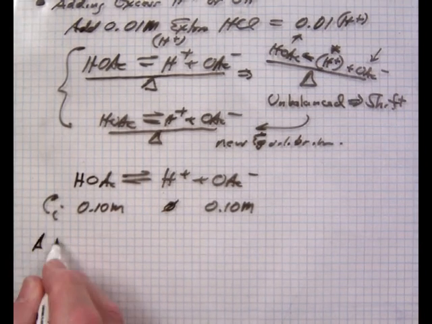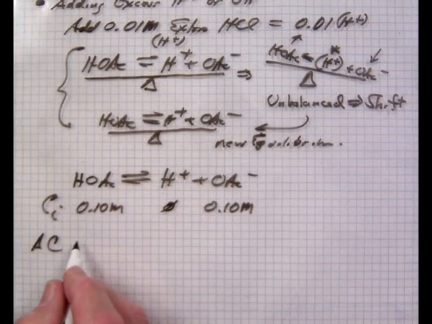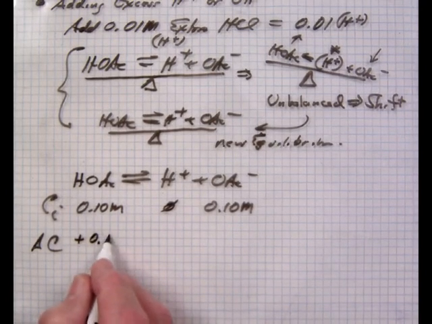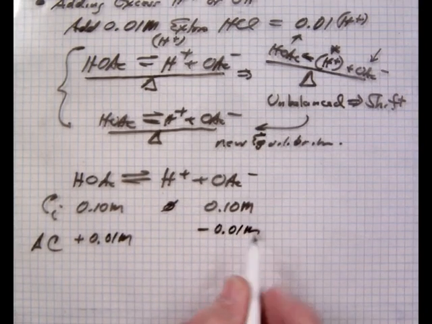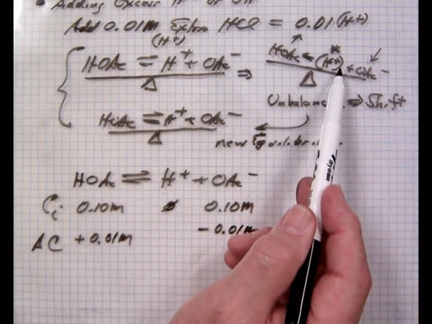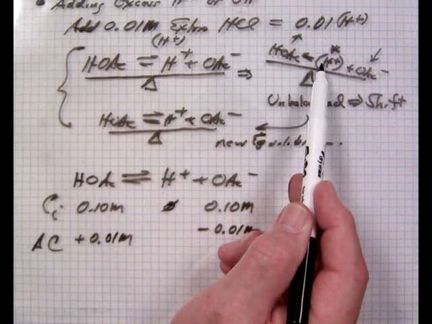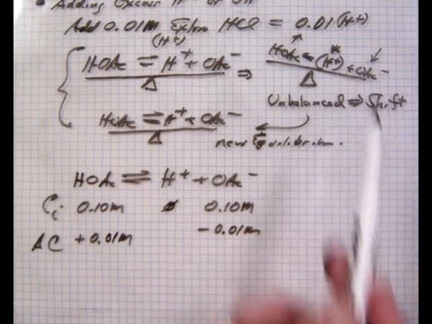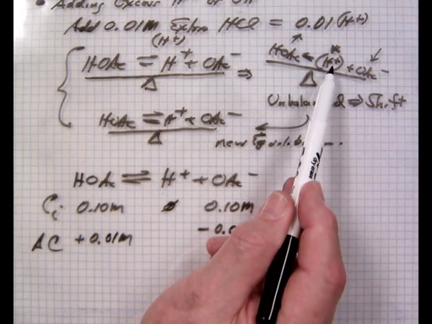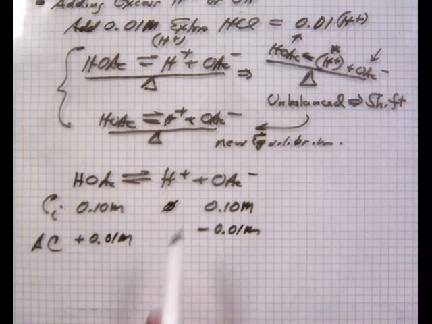Okay, so what's going to happen? Well, it's going to shift to the left, so this is going to have to go up by 0.01 molar, and this one's going to have to go down by 0.01 molar because we've got too much over here. And so we want to get rid of all the excess hydrogen and return to an equilibrium of hydrogen, new hydrogen. So this has to go down by the amount of excess hydrogen you put in there, and this would go up by the same token.